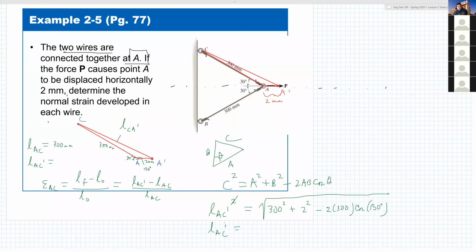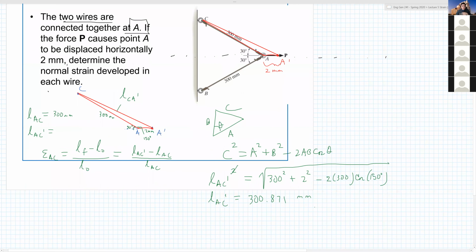Make sure it's in degree mode. Okay, thank you, Jack. We get 300.871 millimeters. Cool. So that's it.